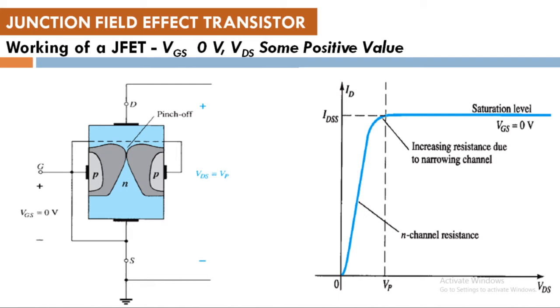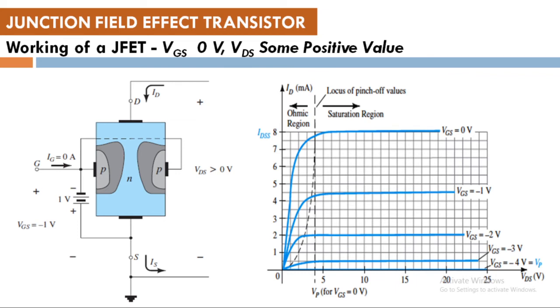Even when the pinch off happens, there still exists a channel, and because of that a constant amount of current will be possible through it, and that will be the maximum drain to source current. We are calling it saturation drain to source current. Now this is only possible when the input voltage is 0.